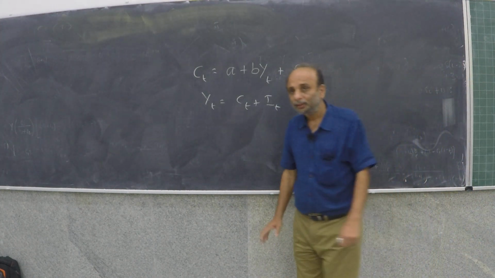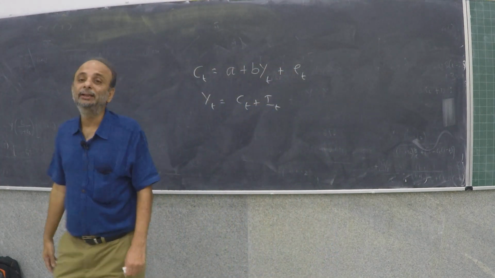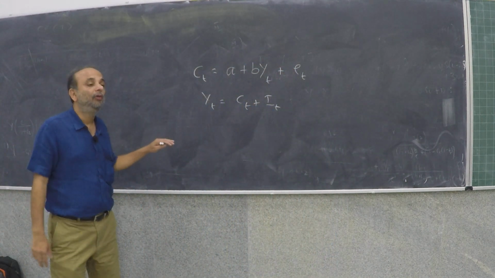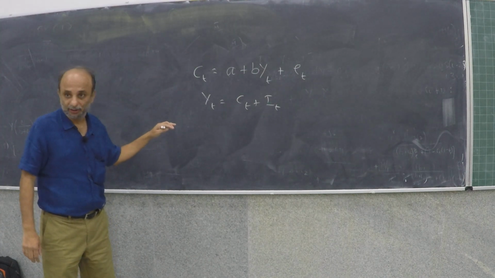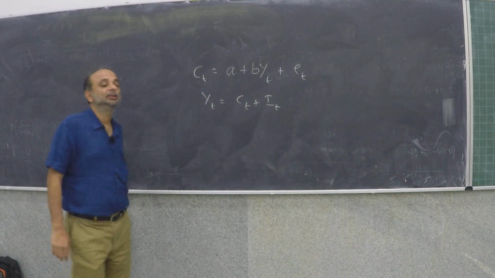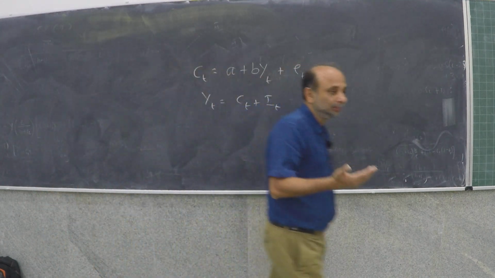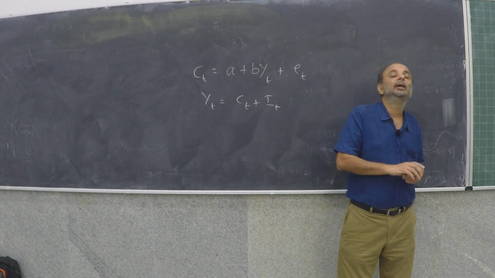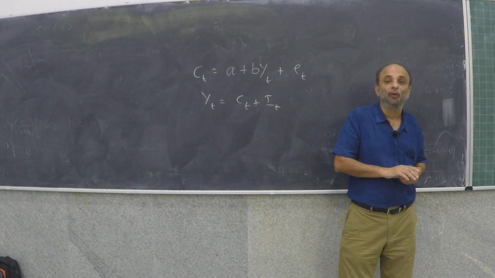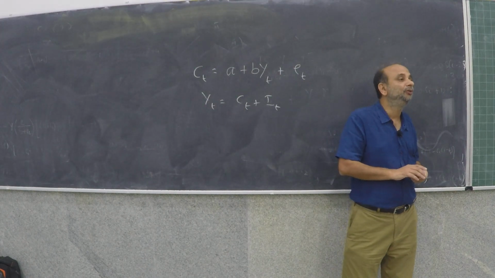Now, this system of equations is called the structural system of equations. We can rewrite this into what is called a reduced form. What's a reduced form?